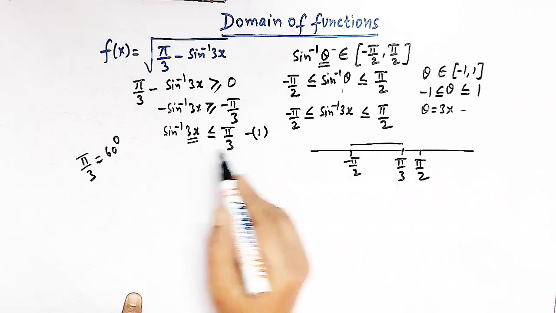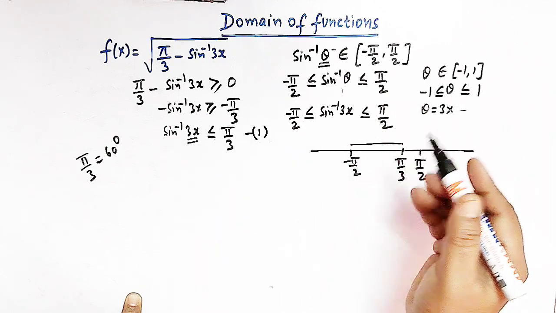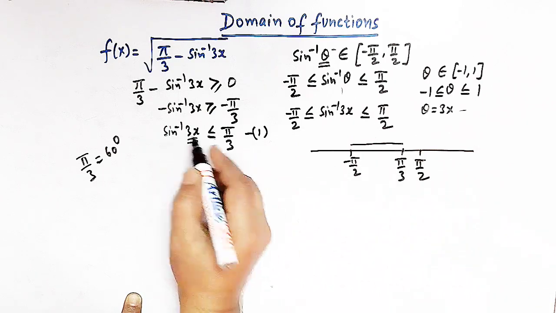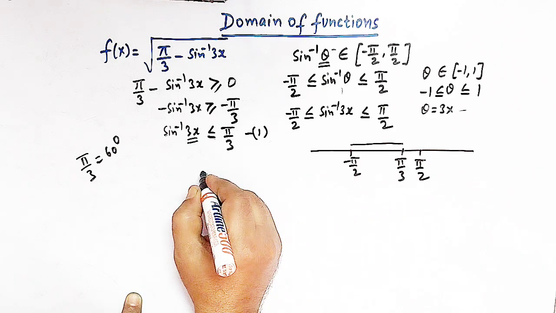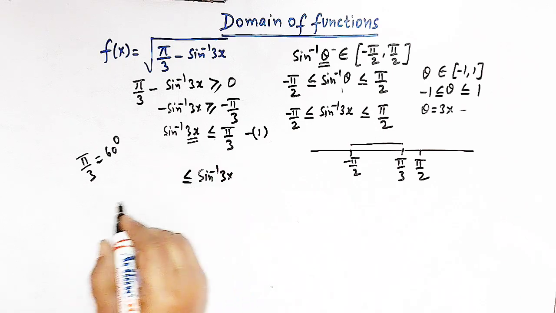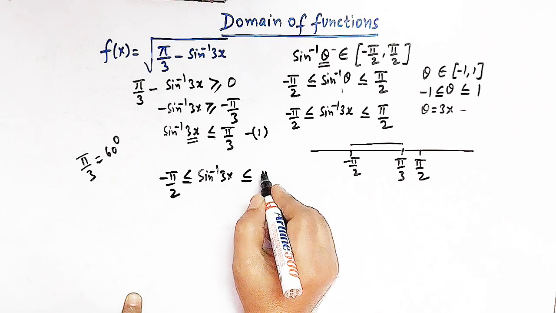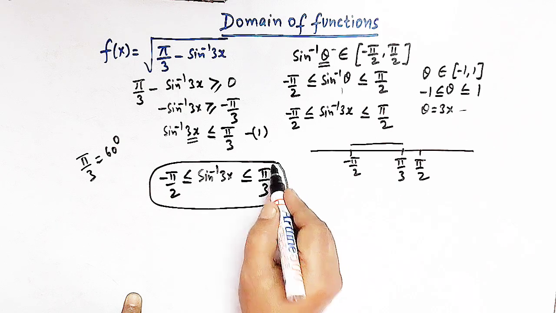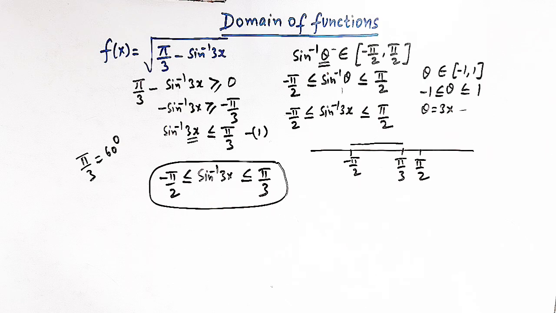And similarly here, sine inverse 3x cannot exceed pi by 3 towards the right of pi by 3. So sine inverse 3x has to lie between minus pi by 2 and pi by 3. So we can now write sine inverse 3x greater than or equal to minus pi by 2 but less than or equal to pi by 3. Now from this inequality, we have to find out the interval for x.